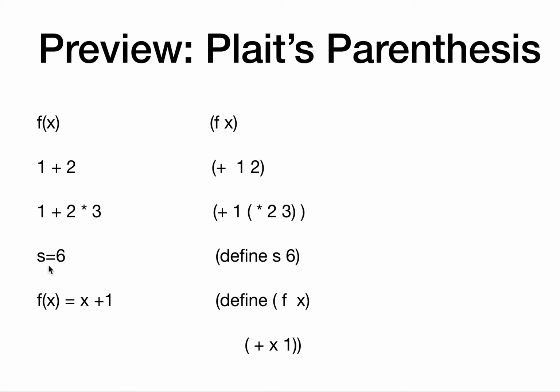If you want to define s as value 6, we use a definition: define s 6 inside the parentheses. For the function f of x, we want to define it as the expression x plus 1, so it will be a definition for function f with the argument x, and the function body is placed inside the parentheses. This is the expression plus x 1.